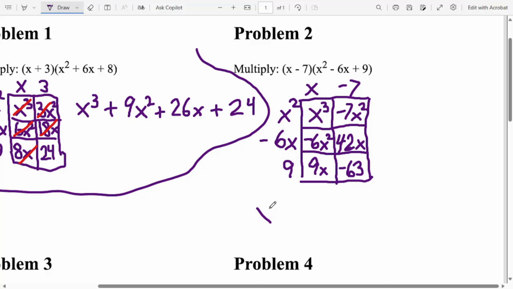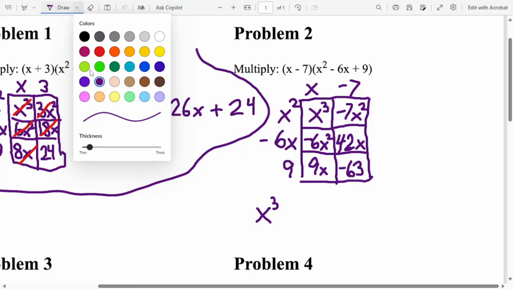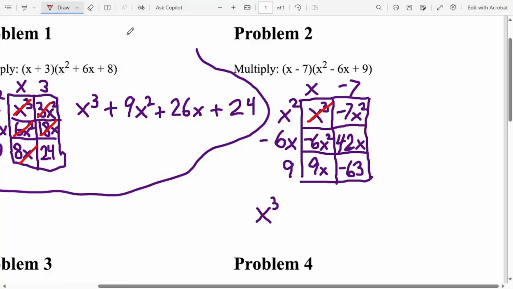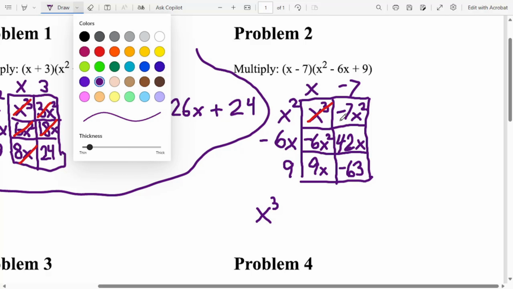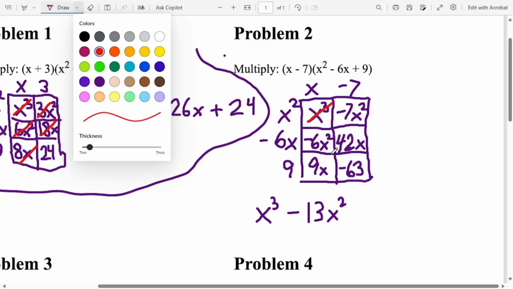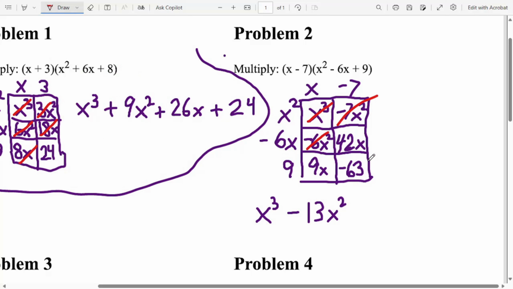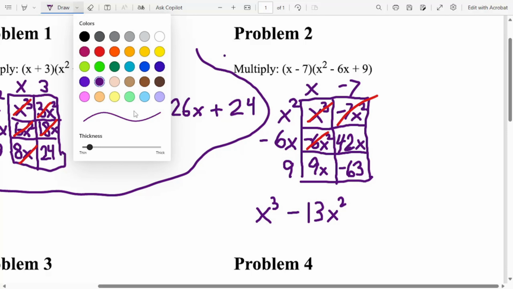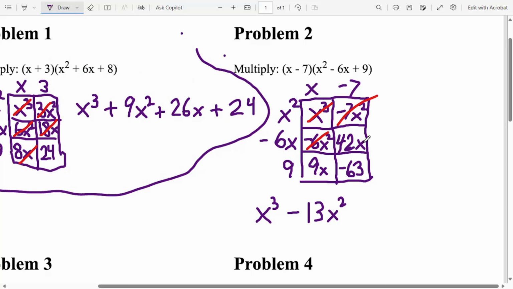So I've got x cubed. And we'll cross off as we go. So that's not like anything else. Then I've got this minus 7x squared plus a negative 6x squared. That's going to give me a negative 13x squared, or just minus 13x squared. And we'll cross these off. Okay. Now we got this 42x.